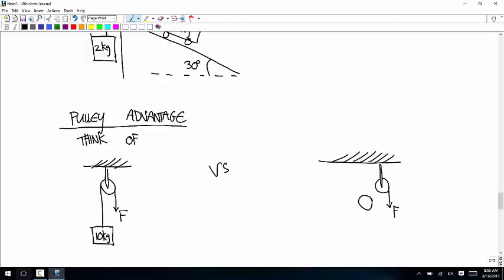And now you have a second pulley that's hanging, and the hanging pulley supports the 10 kilogram mass.